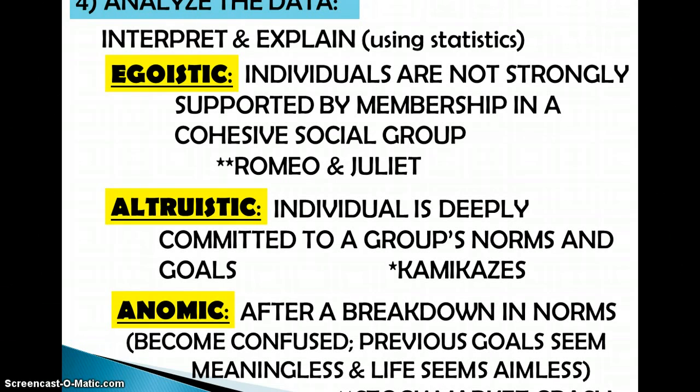And the third type of suicide that Durkheim came up with was anomic. And this comes down to there's a breakdown in your normal day-to-day routines. You become confused. What your life was like before seems aimless and purposeless, and what your previous goals were kind of meaningless. Now, my example is cut off at the bottom, but my example is the stock market crash.